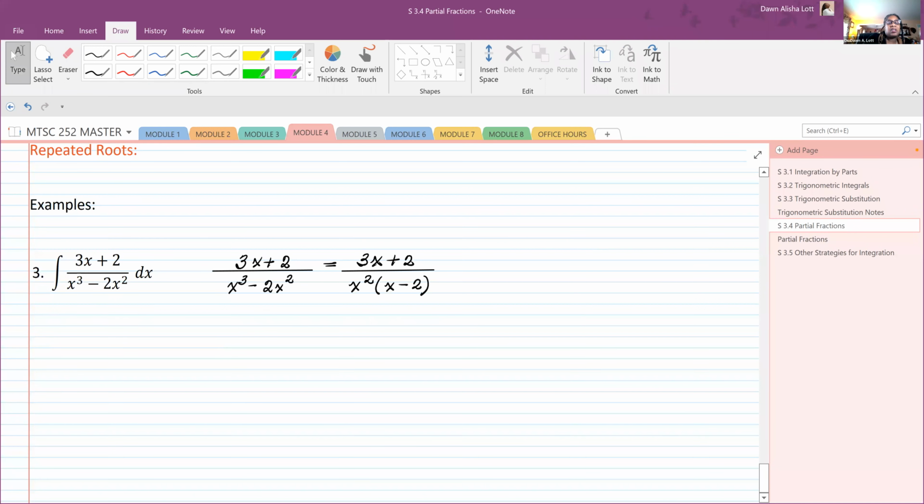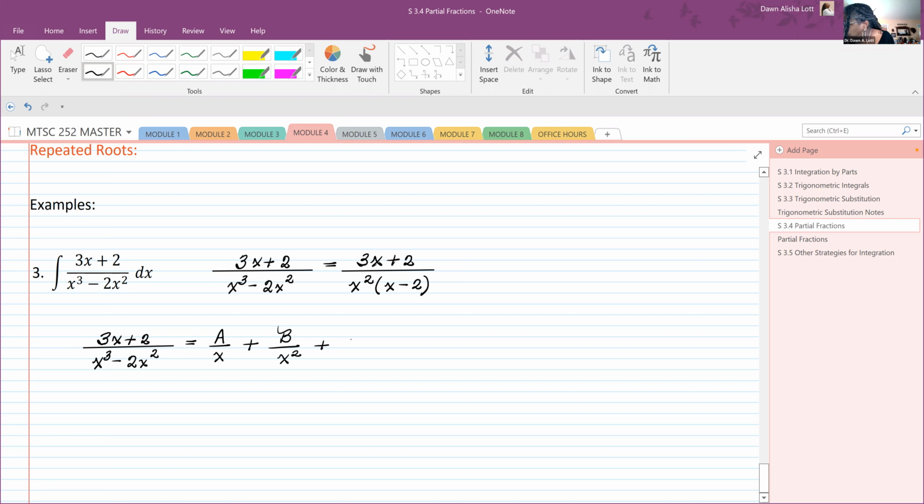And notice x appears in the denominator 2 times. That's actually x times x. So when I write this out, 3x plus 2 divided by x cubed minus 2x squared, I have to do A over x, but because it's a repeated factor, I have to do B over x squared.